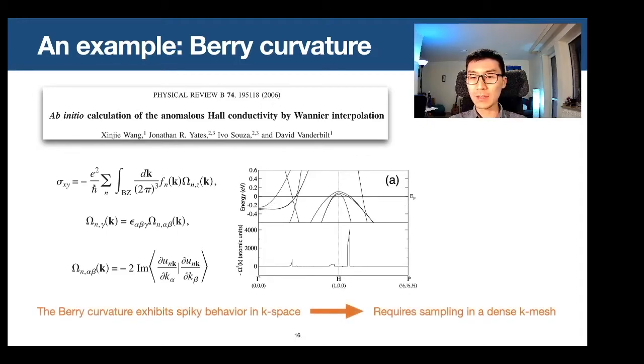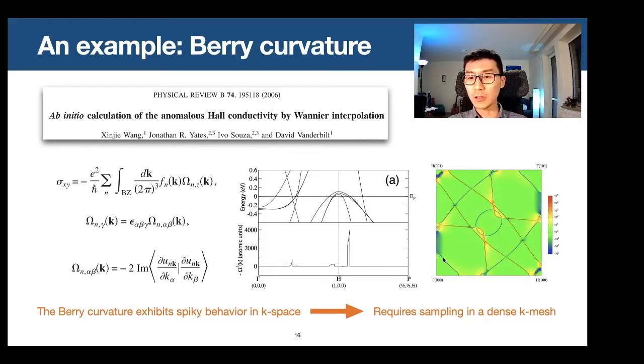Spiky behavior means that we need to sample K space quite a lot, in a very dense mesh. And this can be done very efficiently with Wannier functions, as demonstrated by this paper. For example, you can visualize the K space distribution of the Berry curvature with very high accuracy, and you can really see that there is a hotspot here and also another hotspot there.